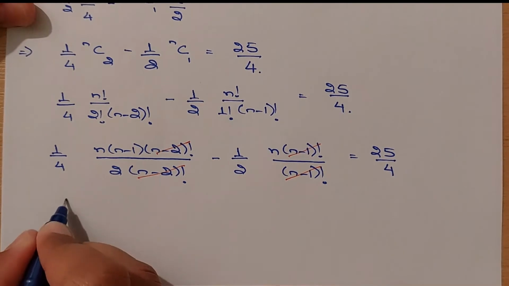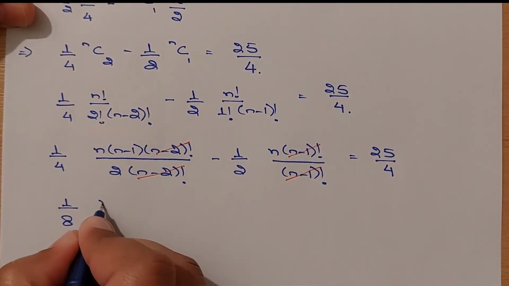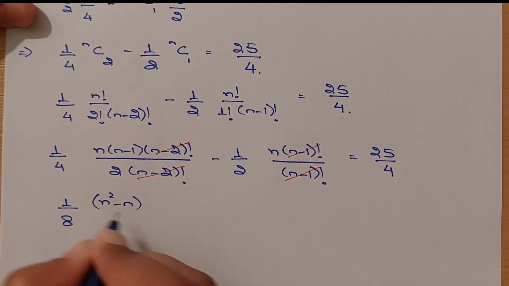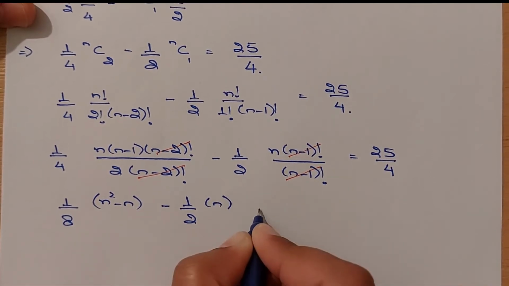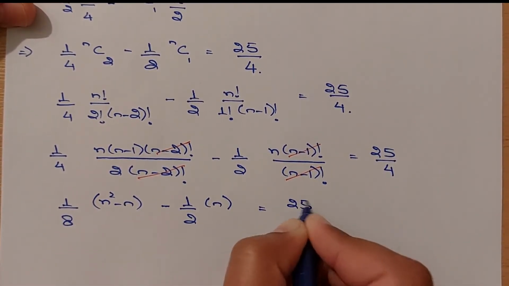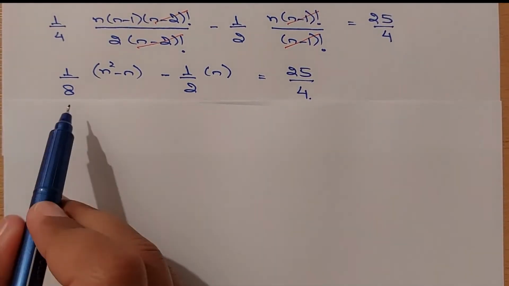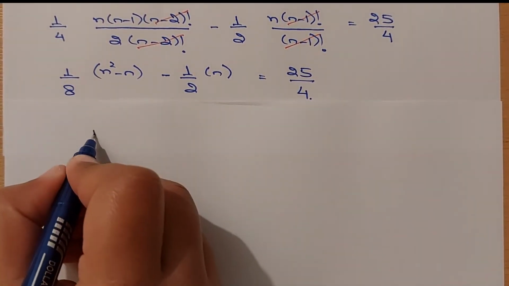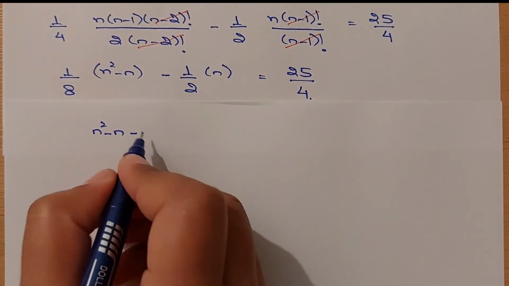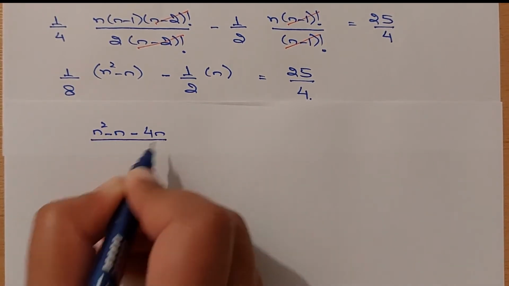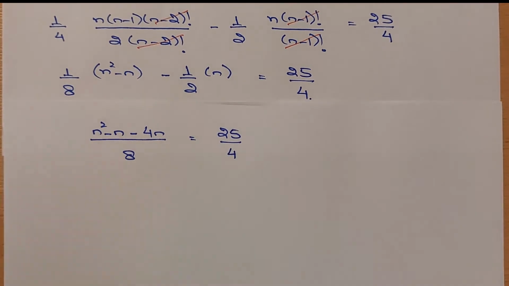So we are left with 1 over 4 times 2, which is 8, n into (n minus 1), that is n squared minus n, minus 1 by 2 times n, and this equals 25 by 4. Let me take the LCM, 8 here: n squared minus n minus 2 times 4, that is 4n, divided by 8, and here we have 25 divided by 4, right?